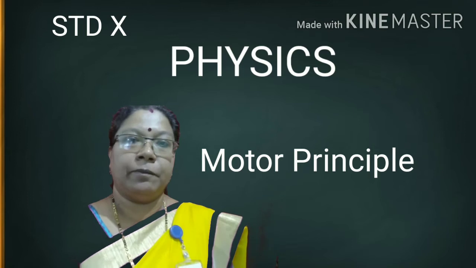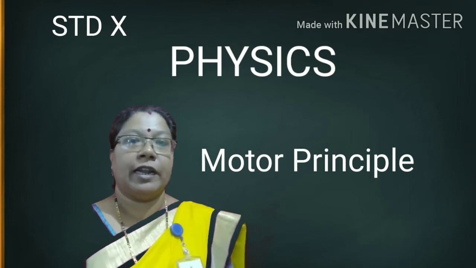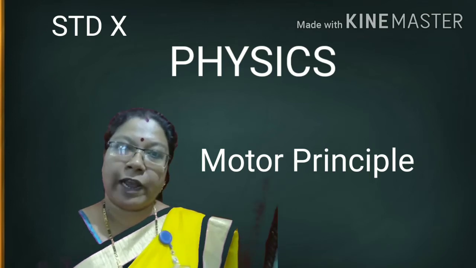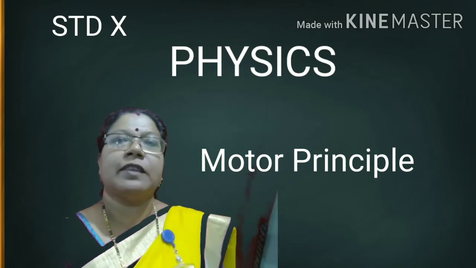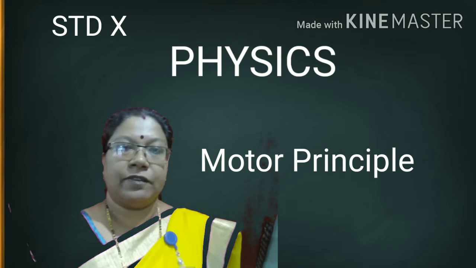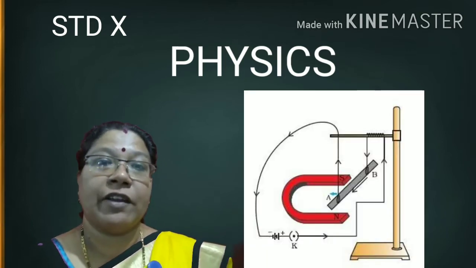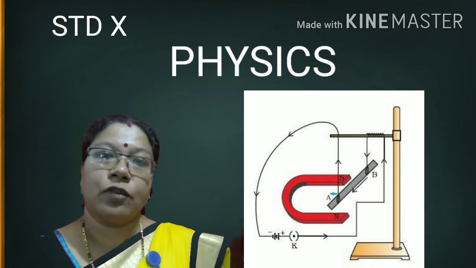Now let us reverse the direction of current, that is, the positive and negative are reversed. Then what happens to the deflection? Obviously, the deflection also gets reversed. Next, we are reversing the poles of the magnet.